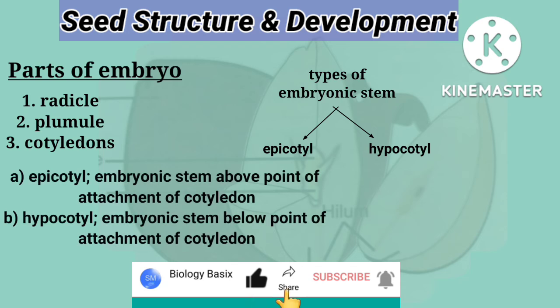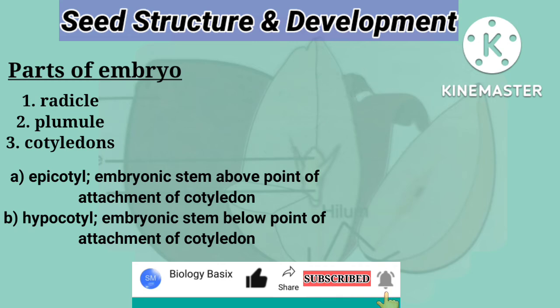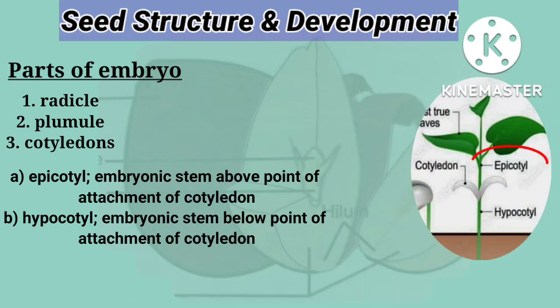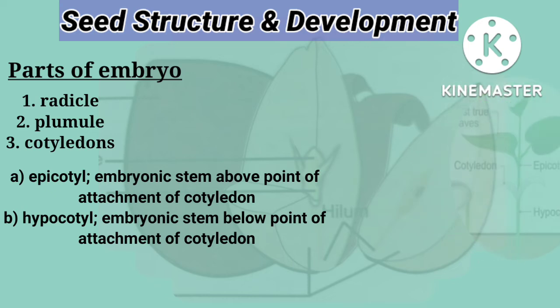The embryonic stem above the point of attachment of cotyledon is called the epicotyl, and the embryonic stem below the point of attachment is called the hypocotyl. And what are the cotyledons? The cotyledons are basically the seed leaves, and these are further going to develop into the seedling.